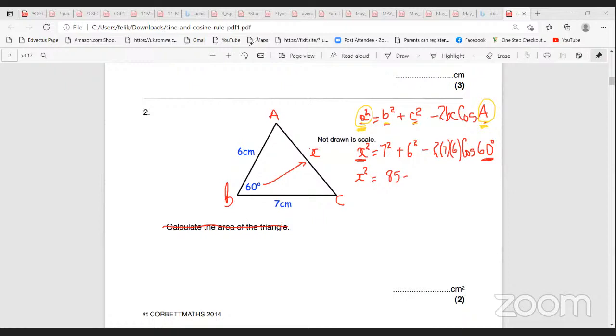Miss, could you just say 85 minus 84 and then put in cos 60? We can't do minus before the multiplication. We have to follow the order of operations. So we have to do the 84 cos 60, because that is 84 times cos 60. Negative 42. 42.